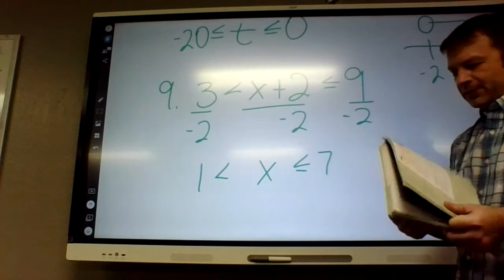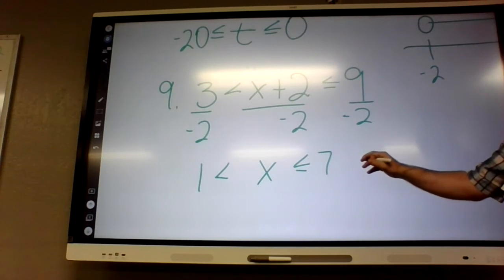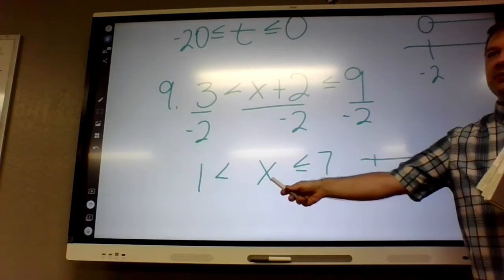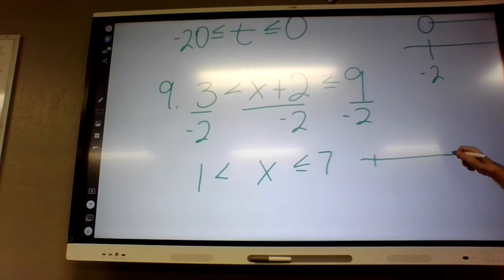Did it ask us to graph this? Yeah. Okay, I'm not going to be too picky on the graph. This basically means x is everything between 1 and 7, so I'm just going to put 1 and 7 on the graph. I'm not going to put every number.